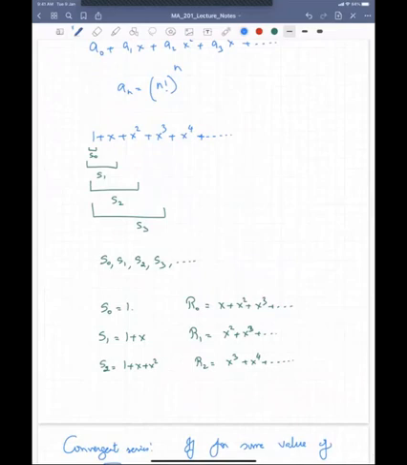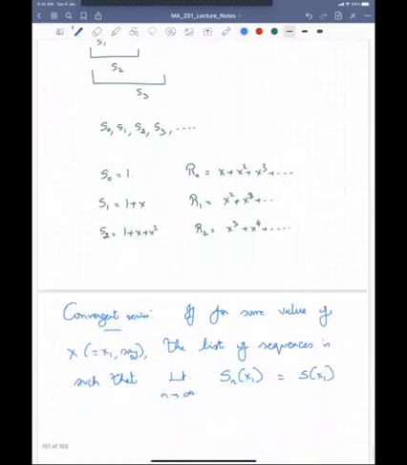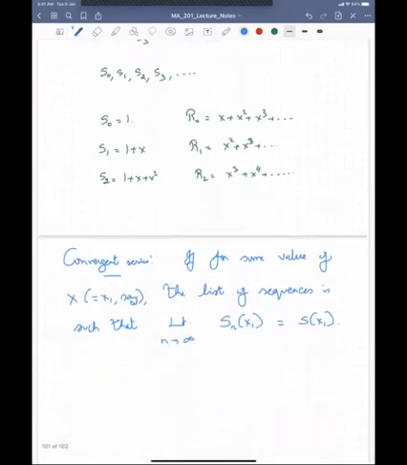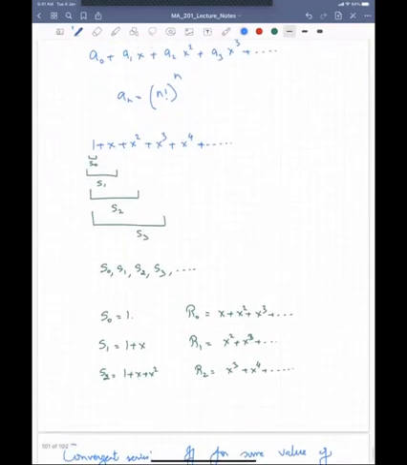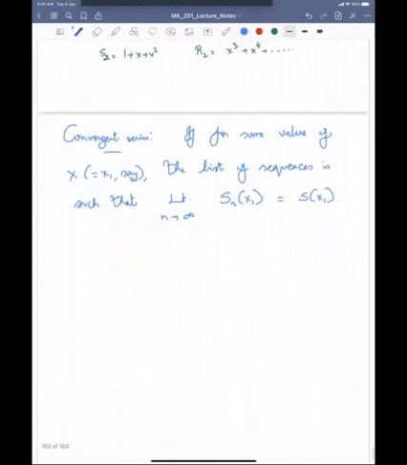But if I keep adding enough terms, I can get a very good approximation to my series. And this is a particular definite number. It's not blowing up. If I keep adding more terms, it doesn't blow up. And that is because I've chosen the value of x carefully, right? So if I look at this limit of sequences, under a large enough number n, this sequence sums to a very definite number, some s of x1 in this case.